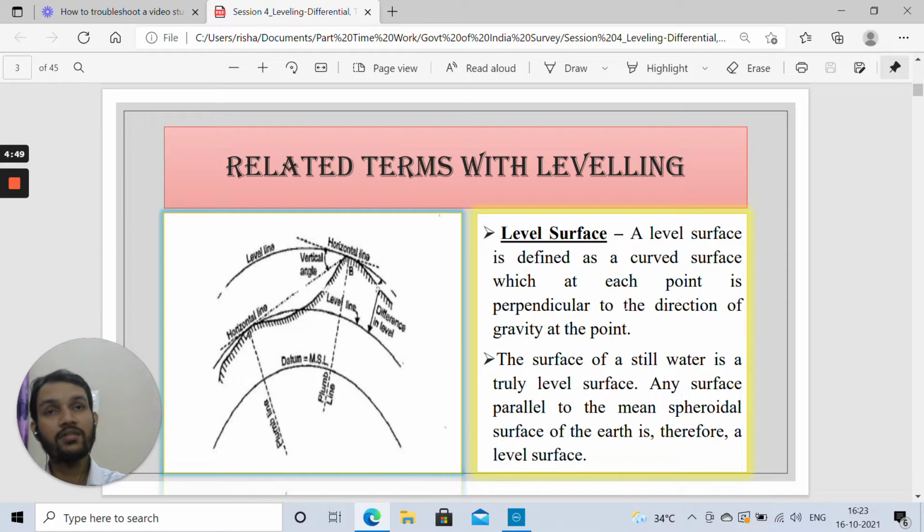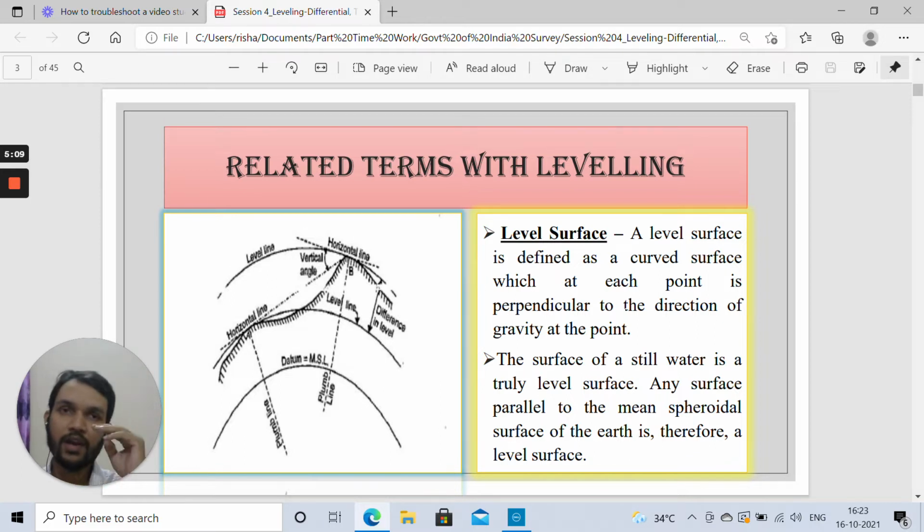Since the earth surface is not horizontal, the level surface will always be a curved surface. And for that, even when we are doing the measurements, as in the upcoming slides you will see what happens when we are doing the leveling exercise, the line of sight that we are considering.